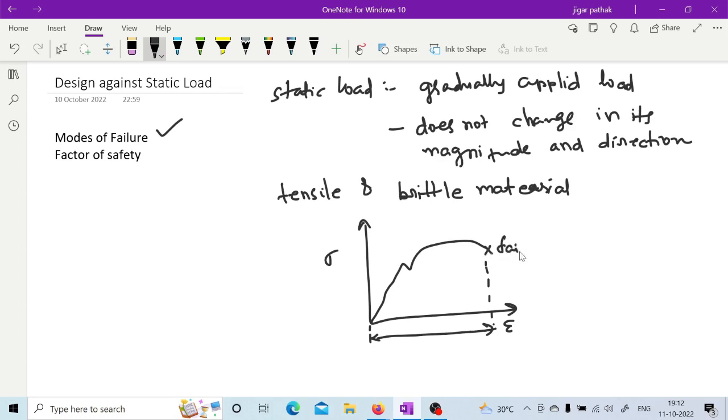Let us say this is the failure point or fracture point. This particular delta is known as percentage elongation.